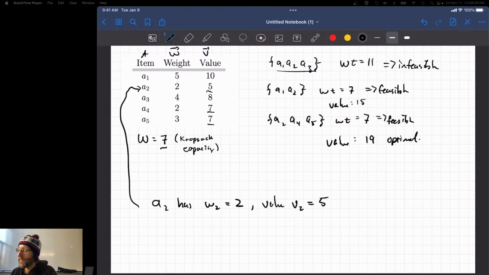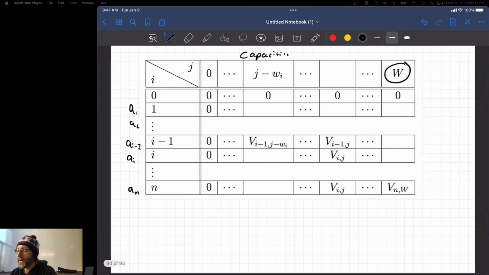Okay? And then here's our table again. There's the items, right? There's this index running from 0 up to n, and here are the weight capacities. You start out assuming that you can't carry anything. Now you can carry 1 pound. Now you can carry 2 pounds, 3 pounds, 4 pounds, dot, dot, dot. Now what if you can carry W pounds, right?